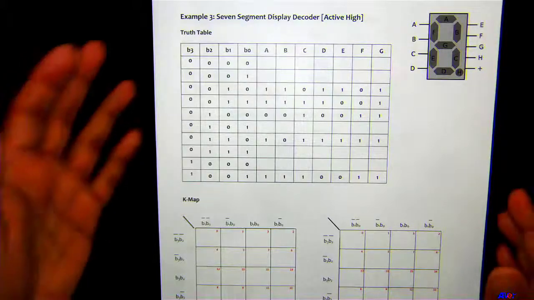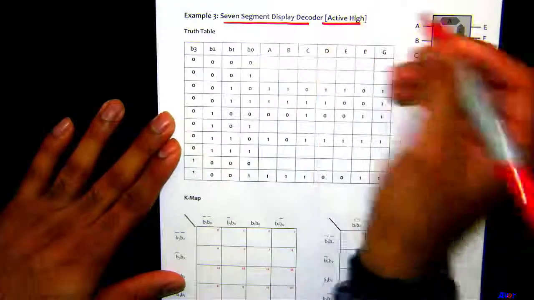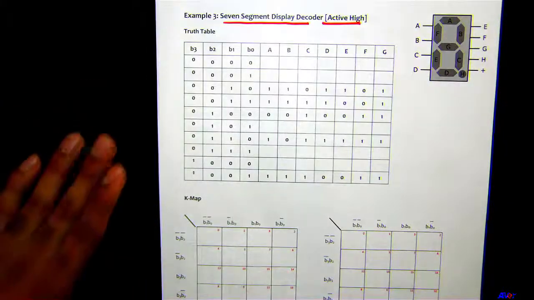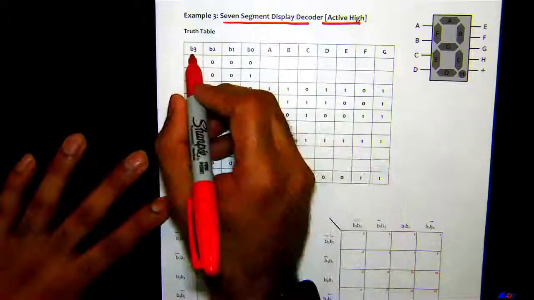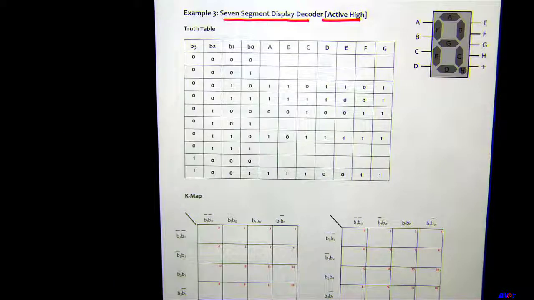So this is a 7-segment display, however it has the active high property. This would mean if B3, B2, B1 and B0 are all set to 0, it makes a binary code of 0, and we want to display 0 on our 7 segment. Which of these segments needs to be turned on?